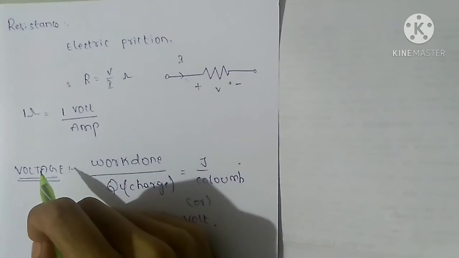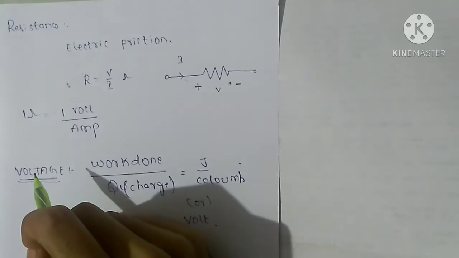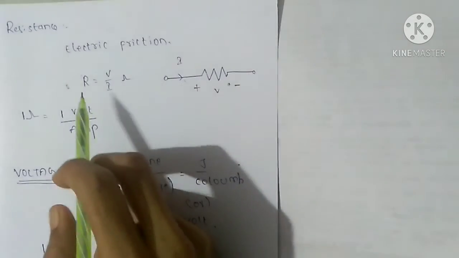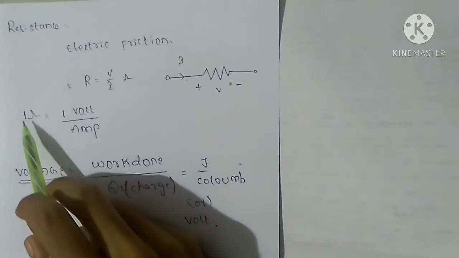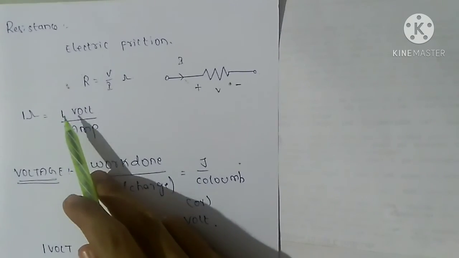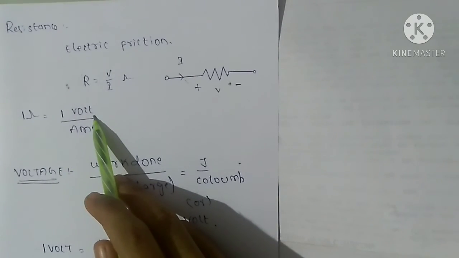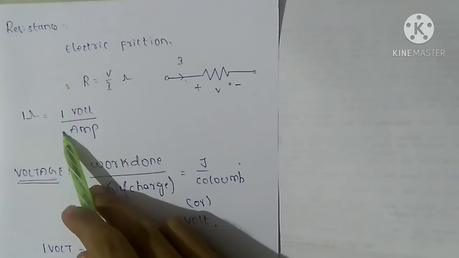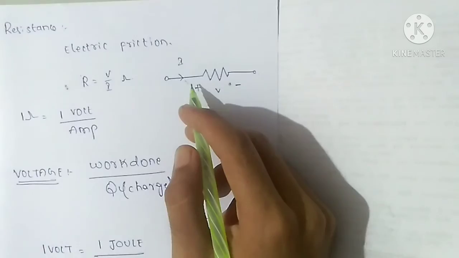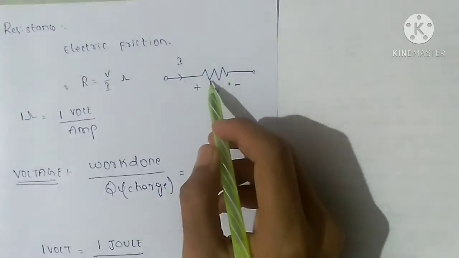Resistance will depend upon the type of material used. The unit of resistance is ohms. 1 ohm resistance is when we apply 1 volt and due to this 1 ampere current flows, it has a resistance of 1 ohm. So this is the symbol of a resistor.